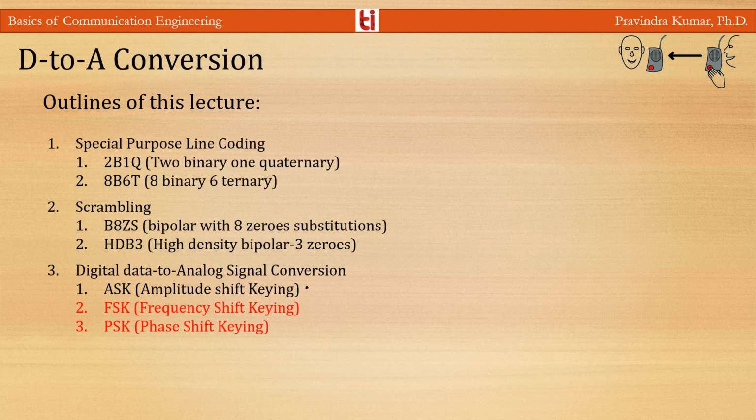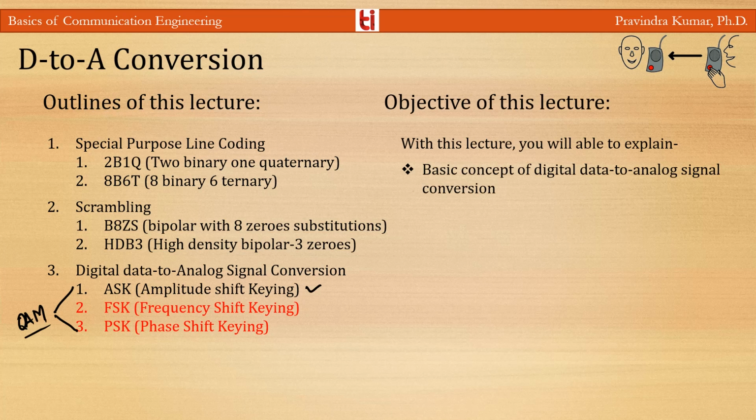Then digital to analog signal conversion, where the techniques are amplitude shift keying, frequency shift keying and phase shift keying. In this lecture we will discuss only ASK. The combination of ASK and PSK is known as quadrature amplitude modulation, and we will discuss this in the coming lectures.